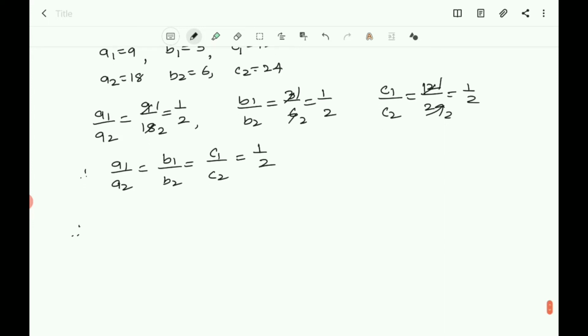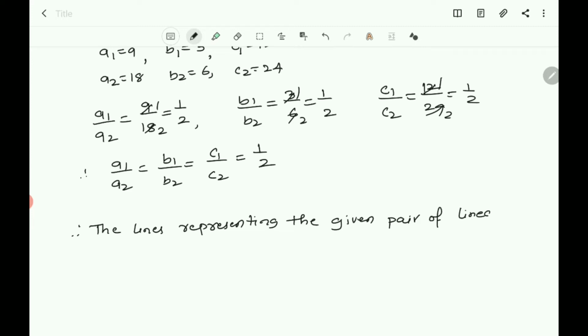So you take, therefore, the lines representing the given pair of linear equations are coincident.